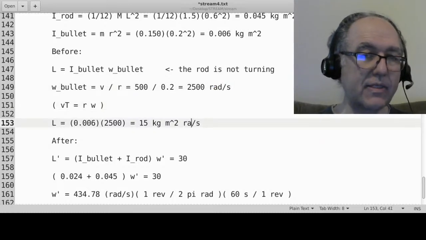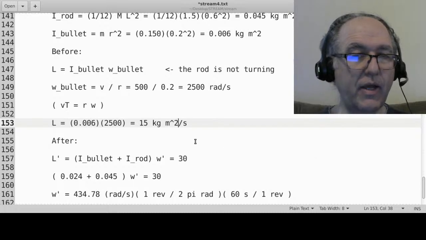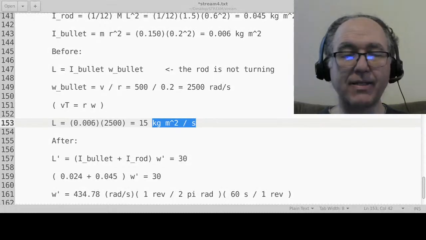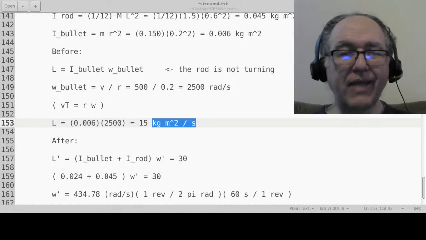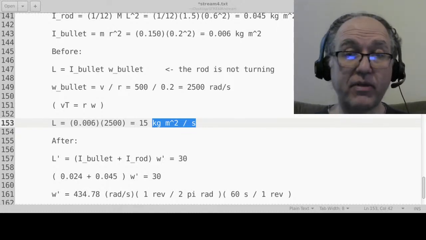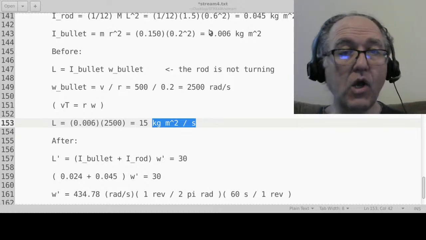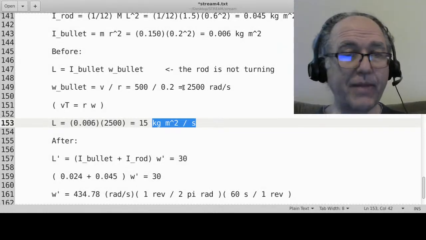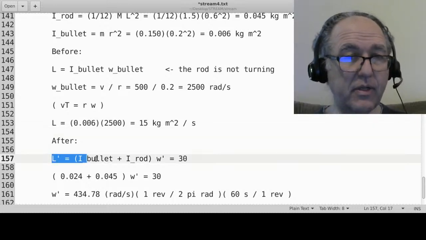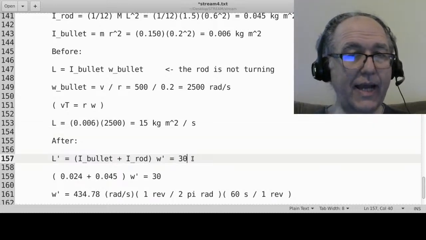But you can drop out the radians because they're dimensionless anyhow. And so there are the units for angular momentum, but they're kind of weird units. There's no special name for them. But there you go. There's the MKS units. So there's the total momentum before. Now the total momentum after the collision is not going to equal 30.